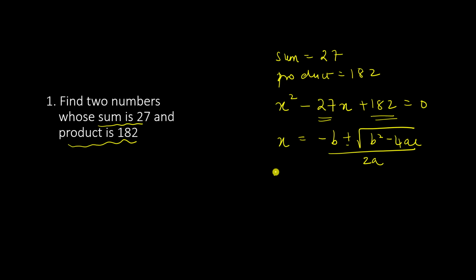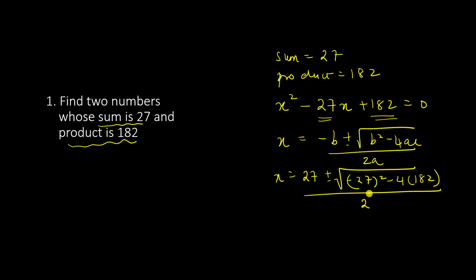So you get here that x is equal to 27 plus or minus square root of minus 27 square minus 4 times 182 divided by 2. This will in turn give you x equals 27 plus or minus square root of 729 minus 728 by 2.